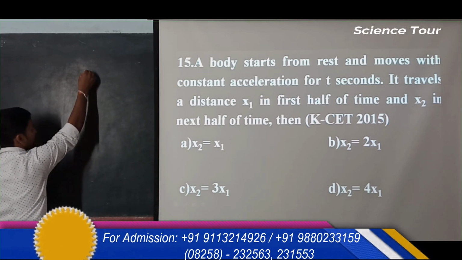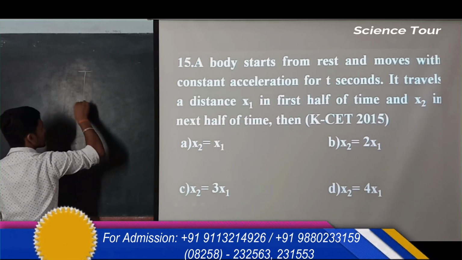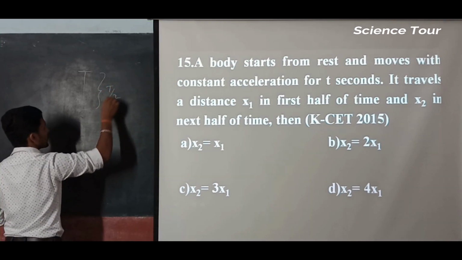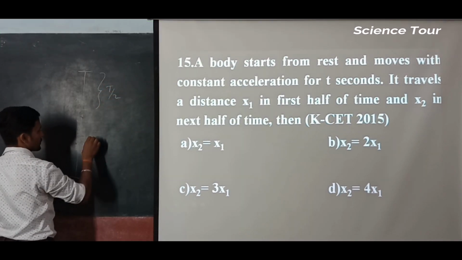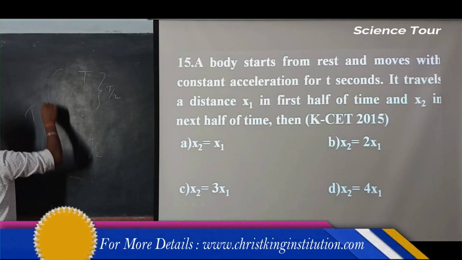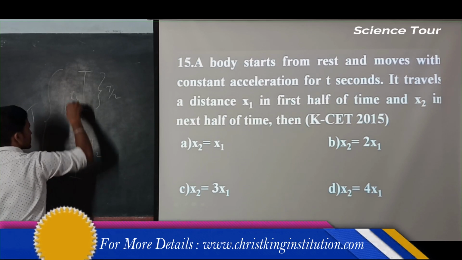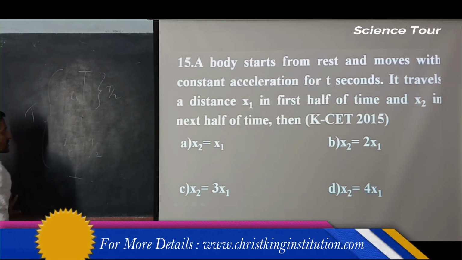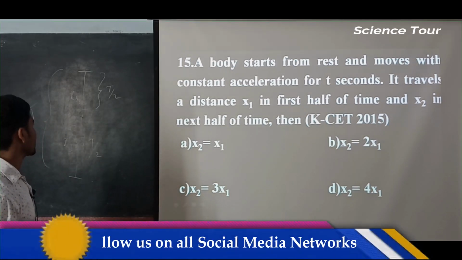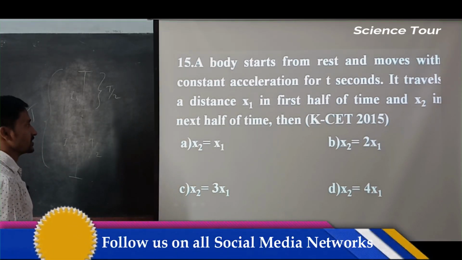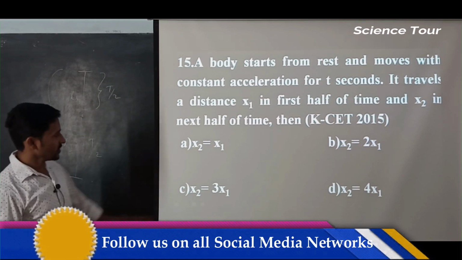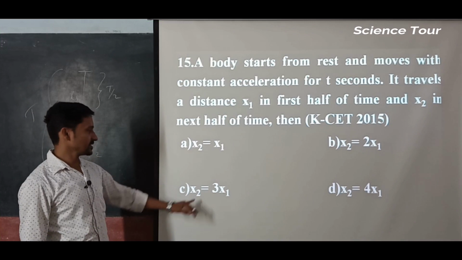The total time is t, and in each half of the time it travels x1 and x2. So for 1 second, 2 seconds, the distances are in the ratio 1, 3, 5, like that. So it must be in this way, this answer.